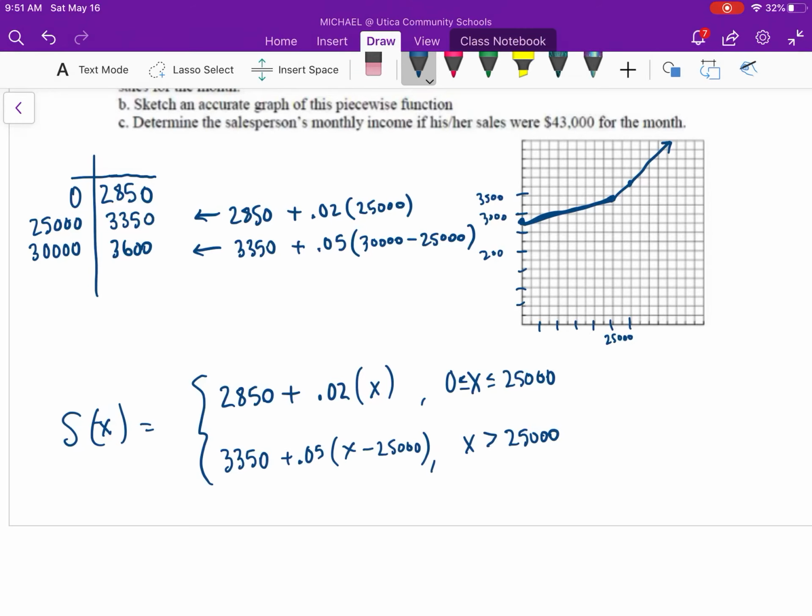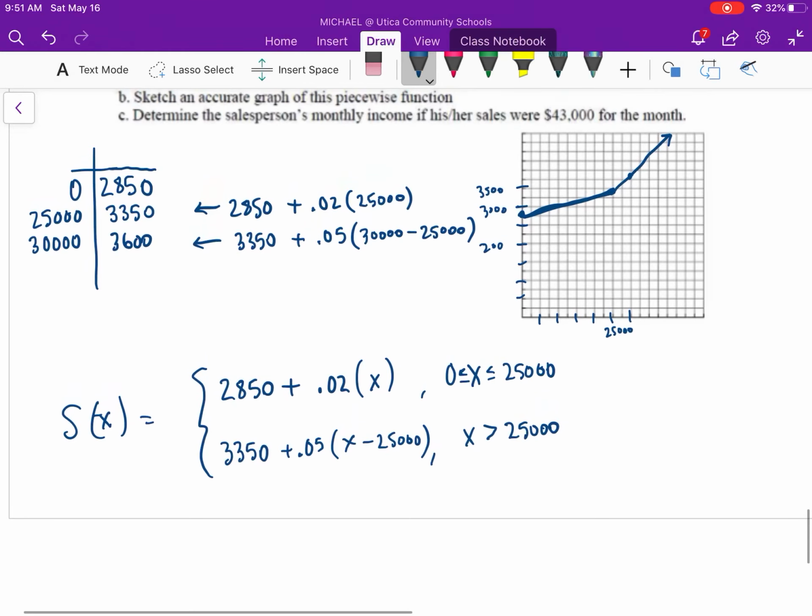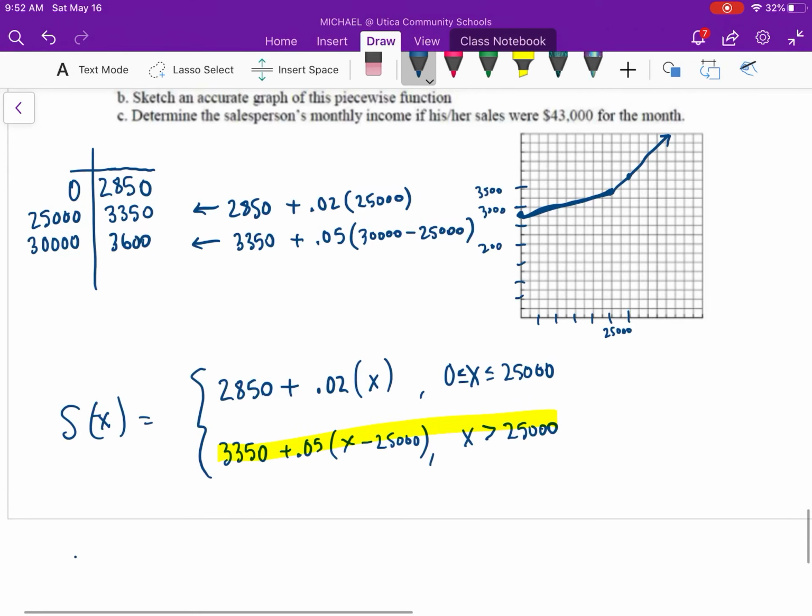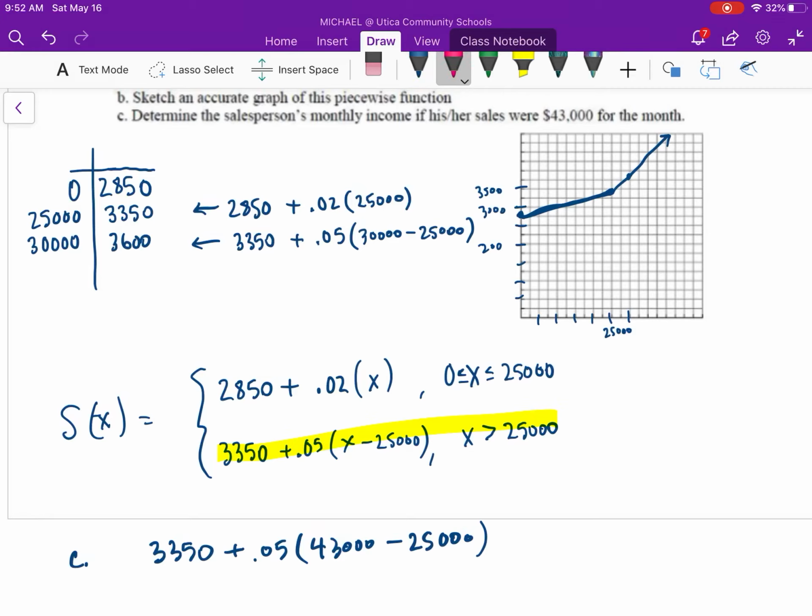Okay, finally, part C, it says determine the salesperson's monthly income if her sales were $43,000 for the month. Well, that would clearly be in this part of the graph. So he would get $3,350 plus 5% of 43,000 minus 25,000. Again, the 3,350 includes his base salary of 2,850 plus the 2% of the 25,000 already.